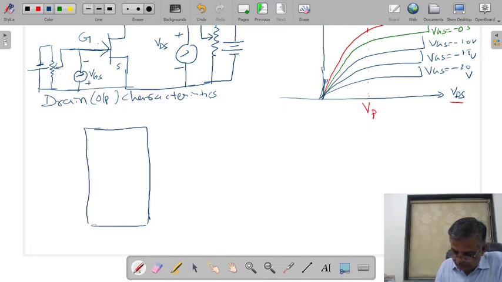I want to discuss why this graph is shifted down. See, these are basic cross sections we have discussed just now.